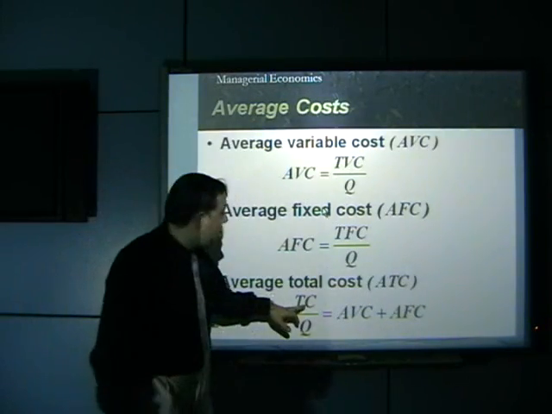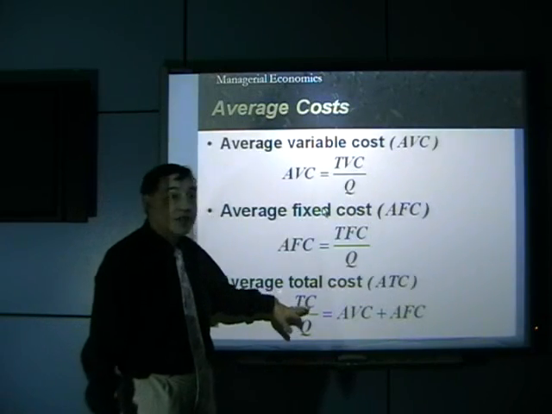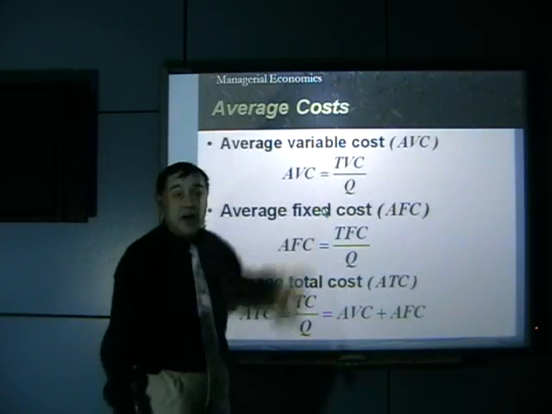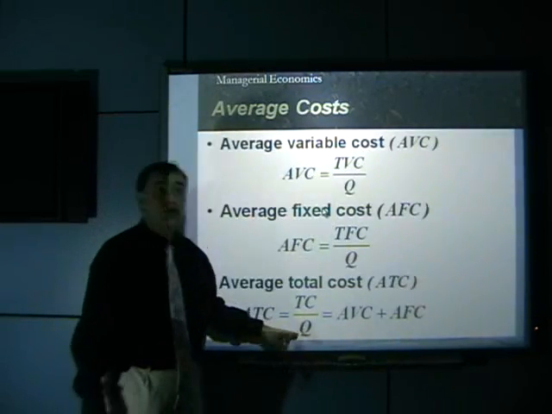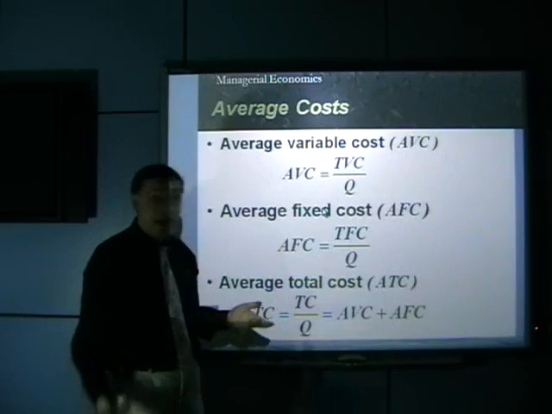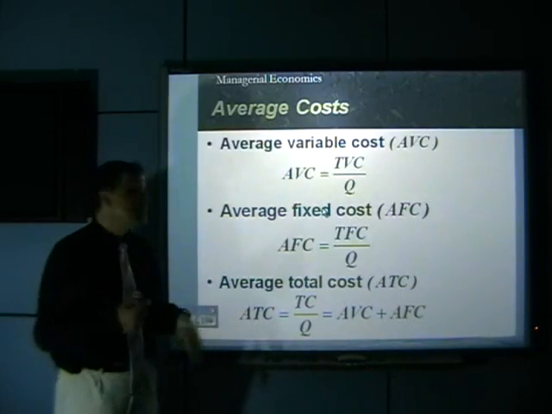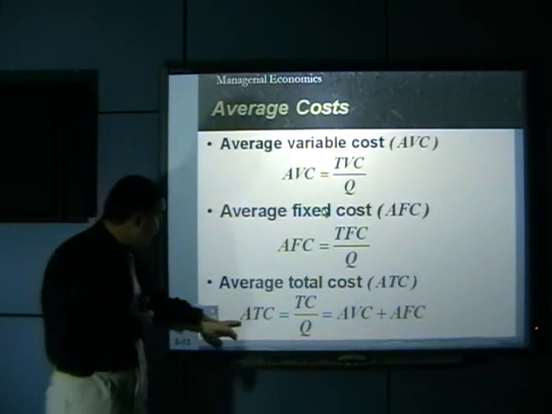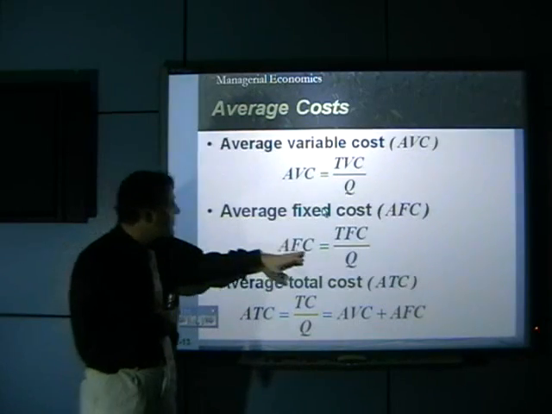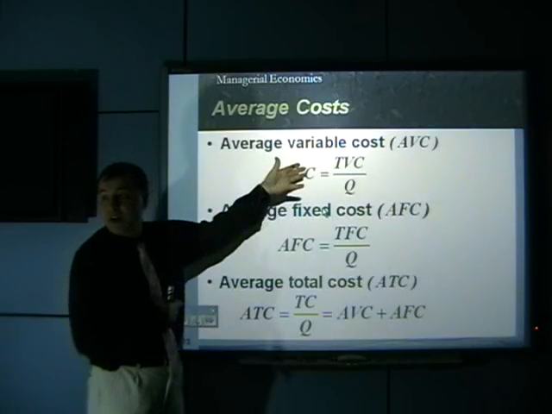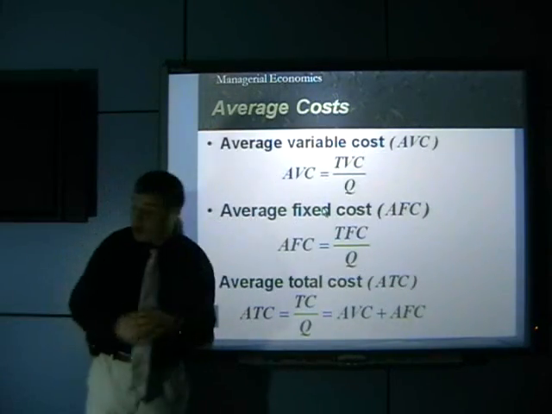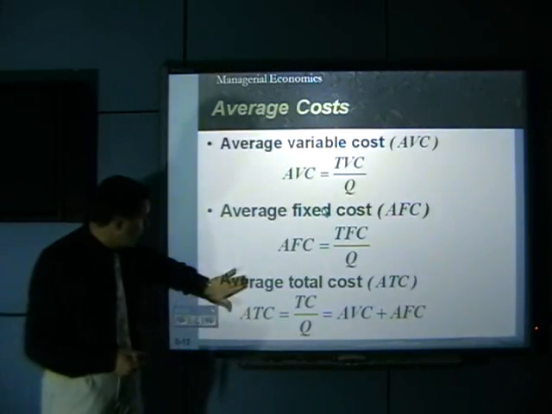So, you have total cost equals total fixed plus total variable. And now you divide by Q, by Q, by Q. So each one divide by Q, right? So it is natural that the average total cost is the sum of the average fixed and the average variable cost. Alright? It is perfectly natural to have this relationship.